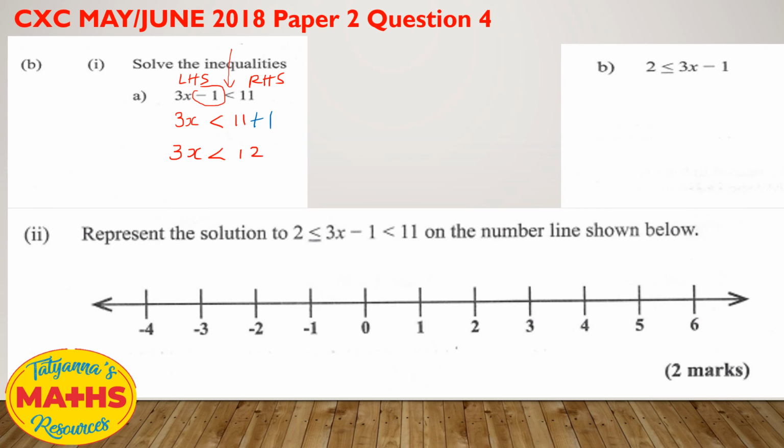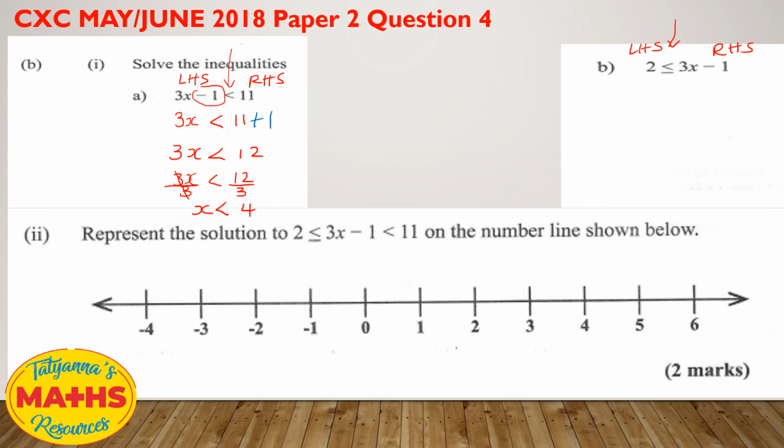And we know our next step is to divide both sides by the coefficient of our x term. So 3x divided by 3 is less than 12 over 3. Cancel. We're going to get x is less than 4. Okay, part 2, we have again left hand side, right hand side. This time our inequality symbol is the less than or equal to sign.